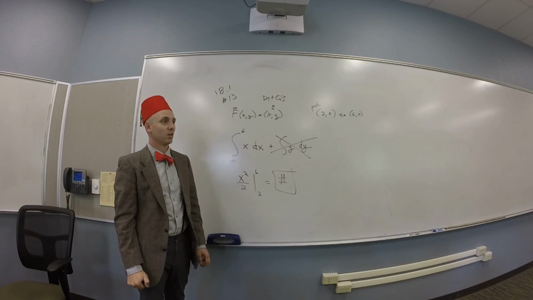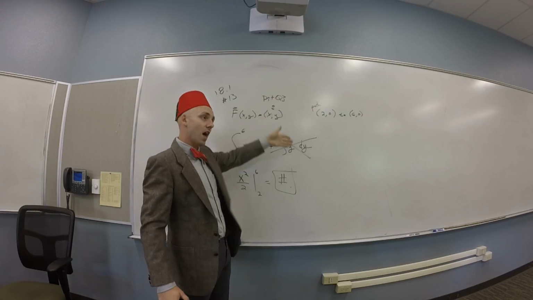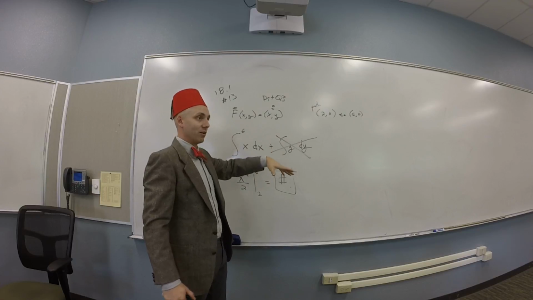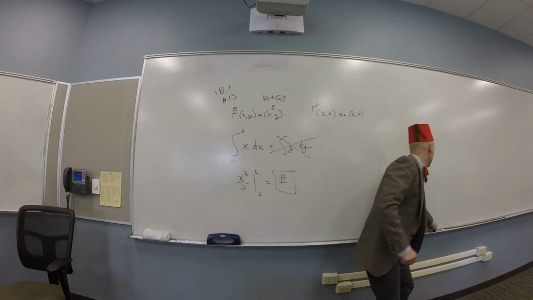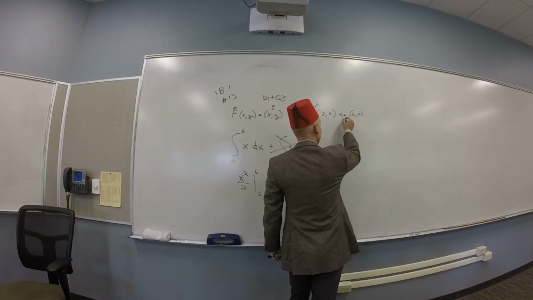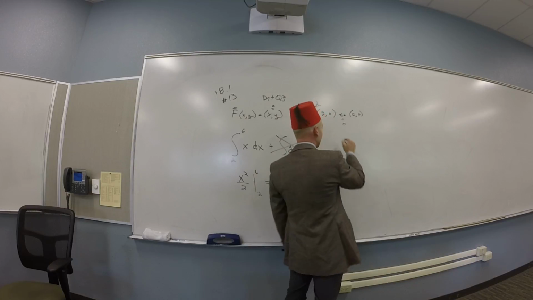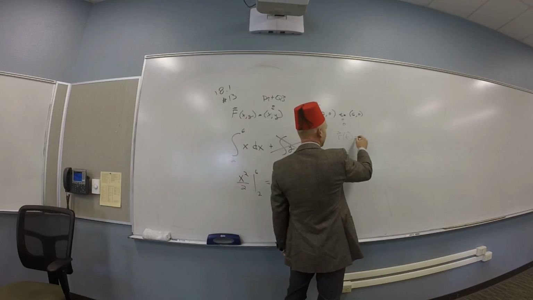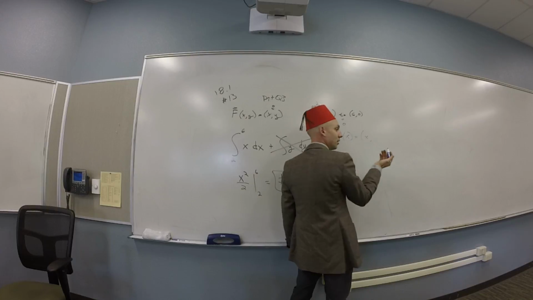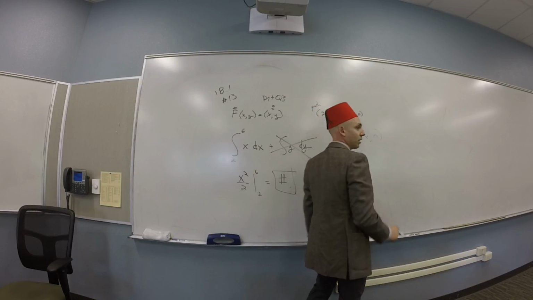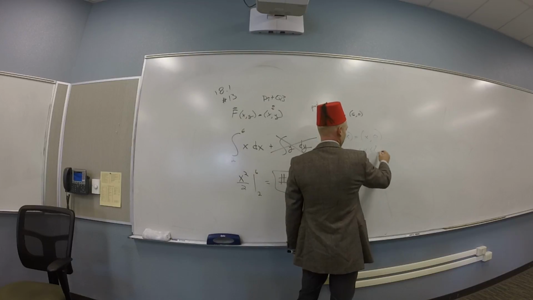So when there's x's and y's in here, you really should evaluate them on the path you're executing. If you want to do this in my notation, I'm taking my path from 2, 0 to 6, 0, and thinking of it as r of x is x comma 0, and the x's range between 2 and 6.